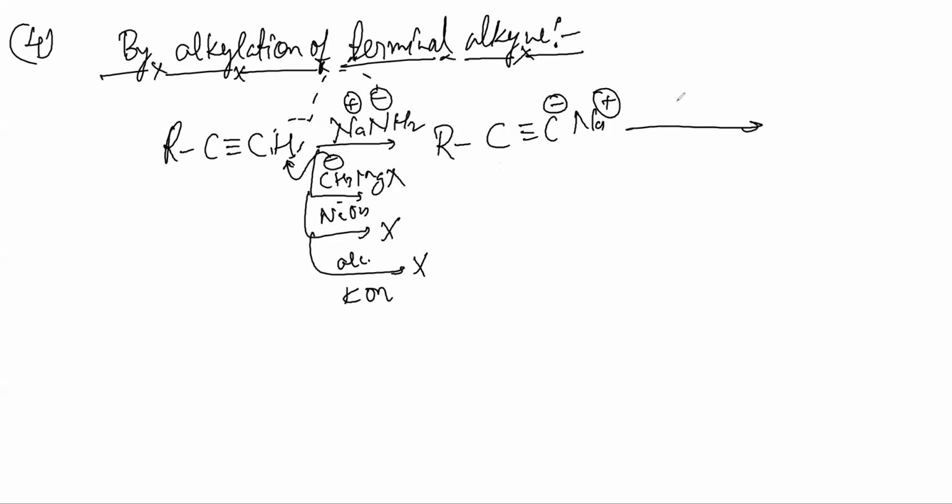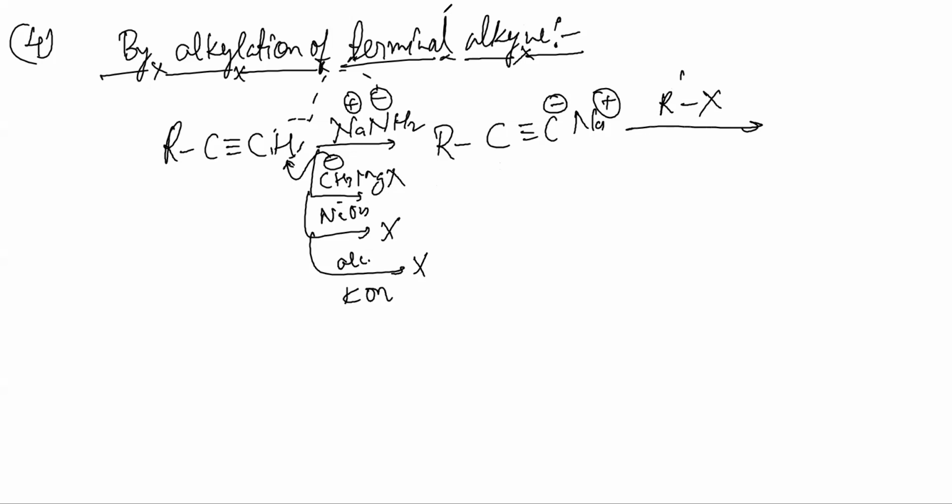Now, what we have to do next, we have to treat it with R dash X. Can you tell me the product? NaX and R single bond C triple bond C single bond R dash, sir.